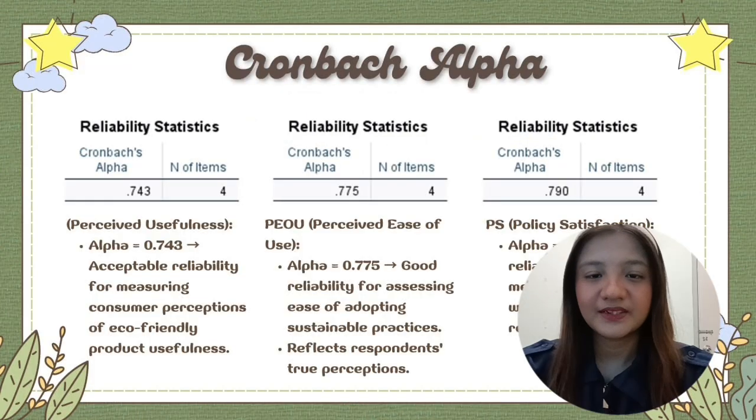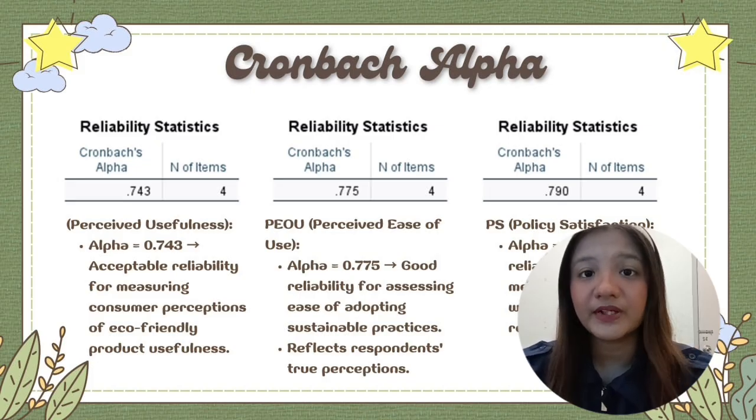The purpose is to measure the internal consistency of variable scales. Perceived usefulness alpha equals 0.743, which is acceptable reliability for measuring consumer perception of eco-friendly product usefulness.